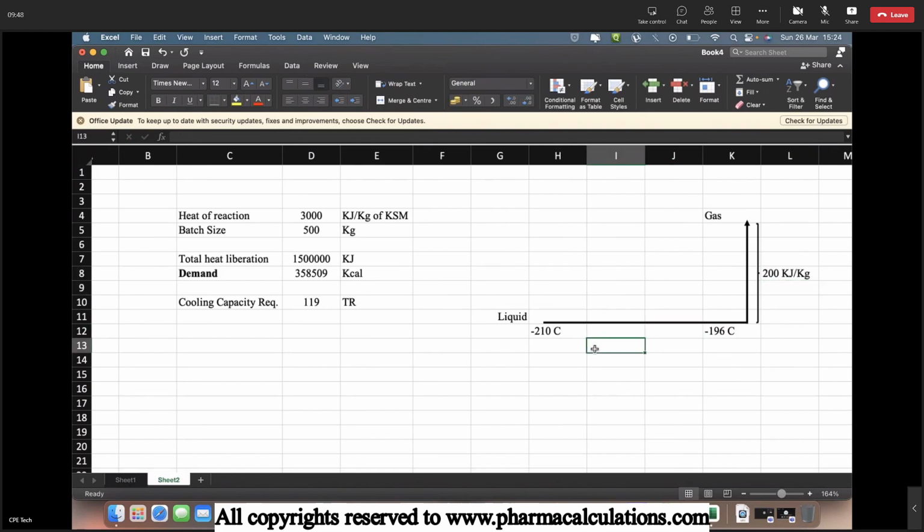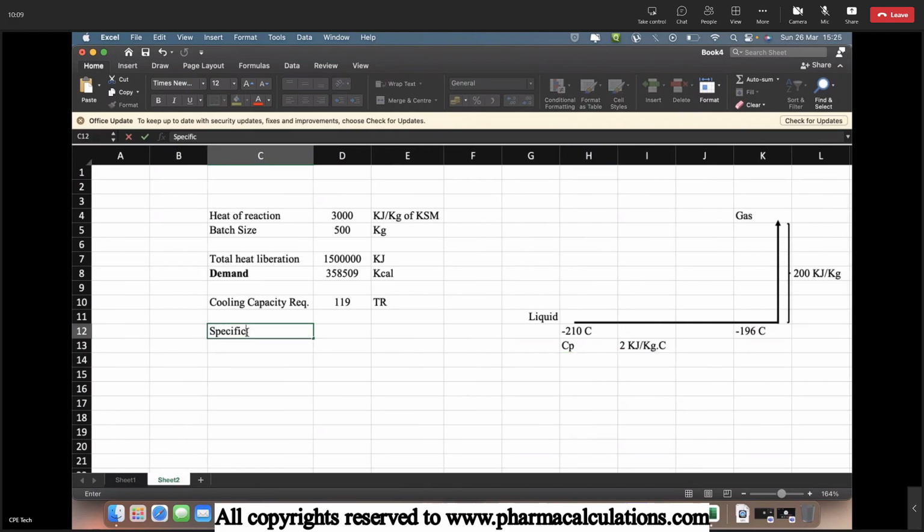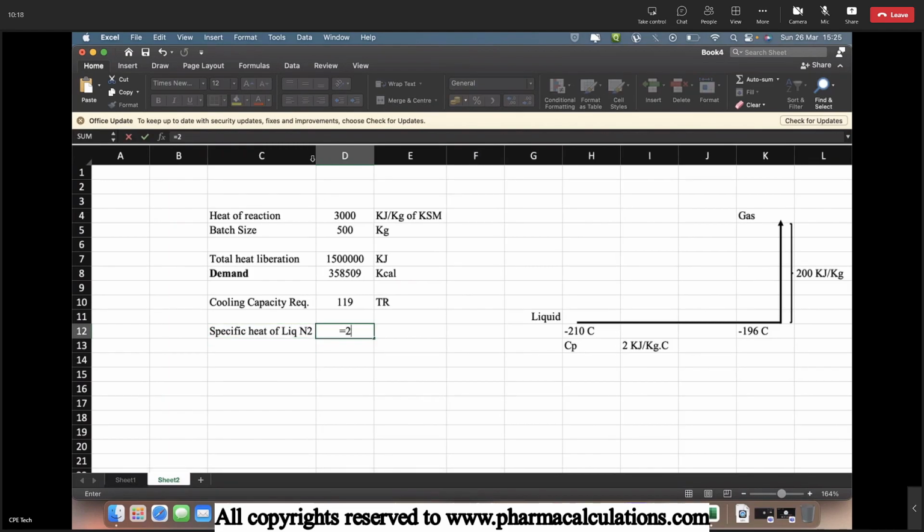And the specific heat, that is the energy required for a change of 1 degree centigrade, and the specific heat of liquid nitrogen is around 2 kilojoule per kg degree centigrade, the Cp value. So as mentioned, the specific heat of liquid N2 is 2 kilojoule per kg degree centigrade, and I'll convert this into kilocalories by dividing with 4.184, which gives about 0.48 kilocalorie per kg degree centigrade.